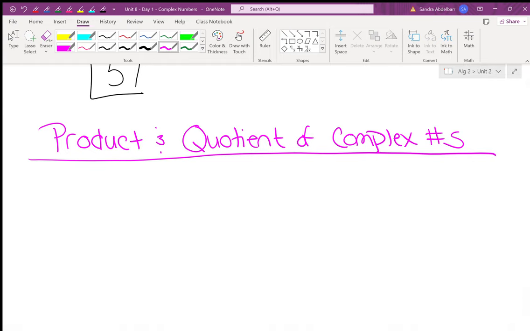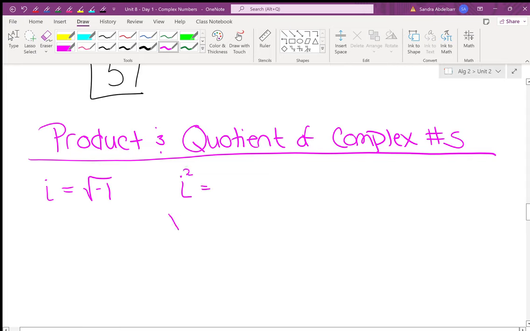Okay, so if you all remember, this will help you with this unit a lot. What does I represent? The root of negative 1. So then let's talk about I squared. Well, wouldn't that be the root of negative 1 times the root of negative 1, which is negative 1? All right, what about I to the third?